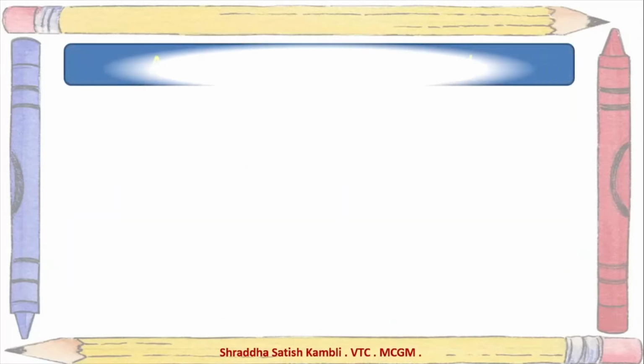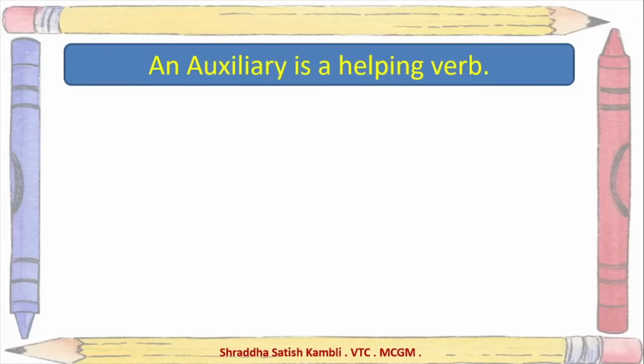Okay, so in the beginning, what is an auxiliary verb? An auxiliary is a helping verb. Now you know what a verb is. A verb is any word, a part of speech, which indicates action.